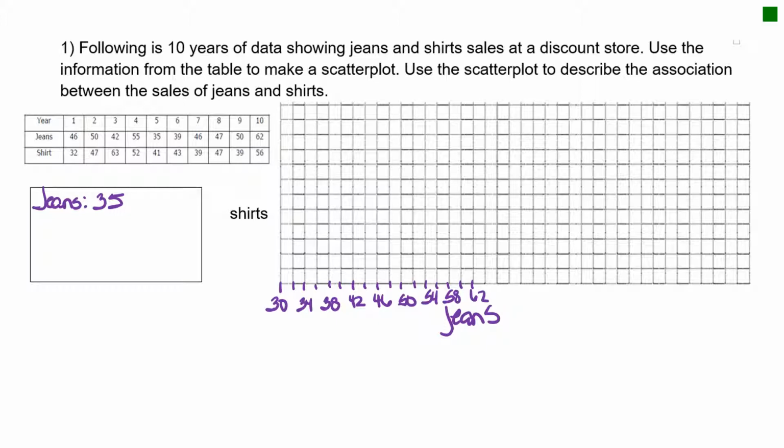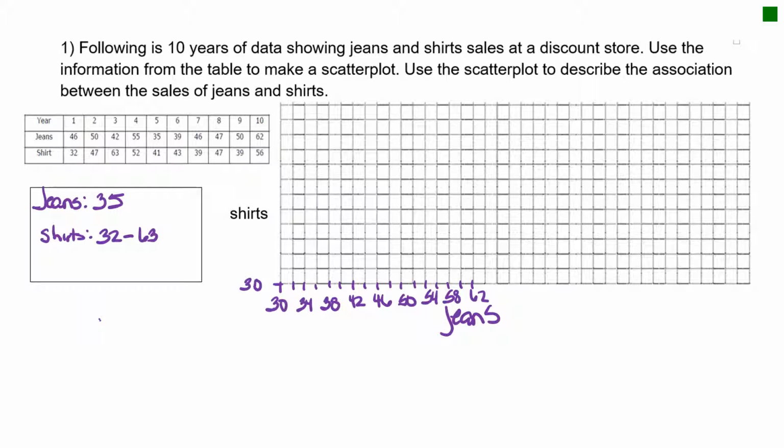Okay. For the shirts, what's my smallest number? 32. And my biggest number is 63. Now we don't have as many little marks here. So let's start at 30 again.